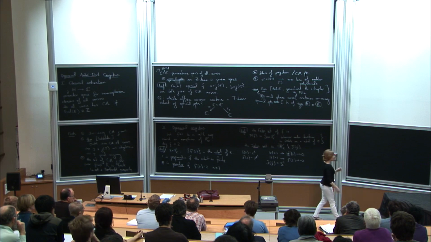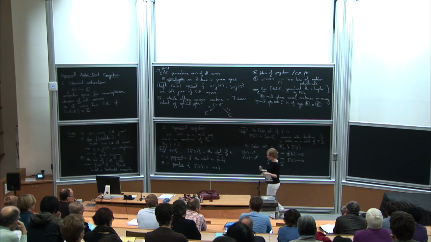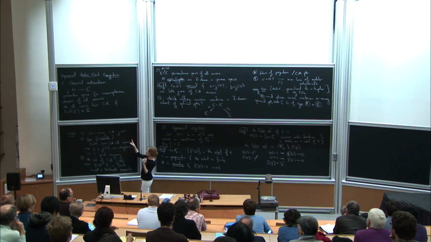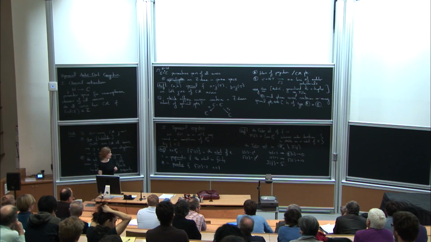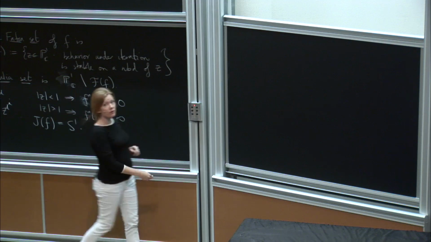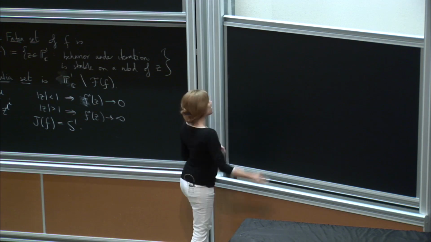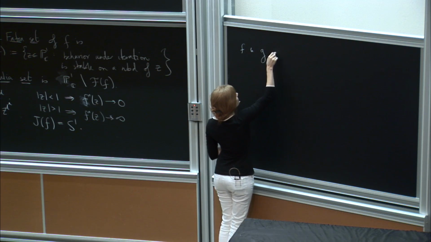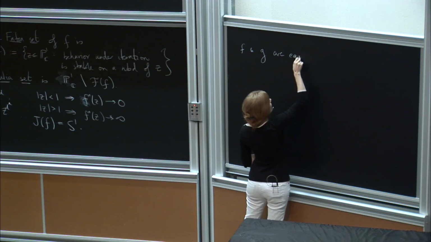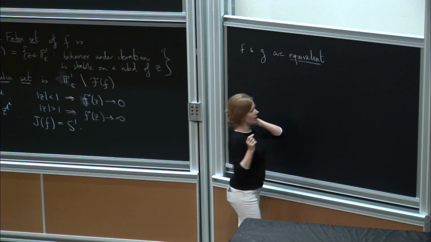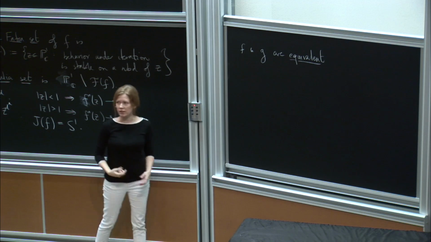All right, so again, rather than talk about the full moduli space of rational maps of degree d, I'm going to restrict my attention as I did in the classical setting. The first thing to point out is that there's a notion of equivalence of two dynamical maps. So f and g are equivalent. Well, what might I want this to mean? I want this to mean that their dynamics are equivalent, essentially.